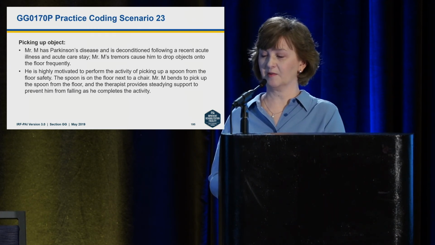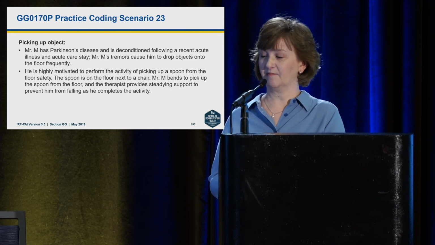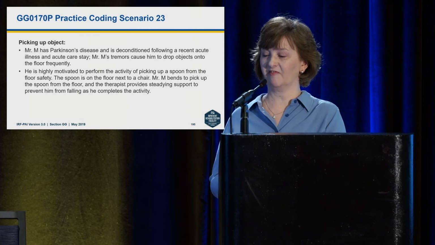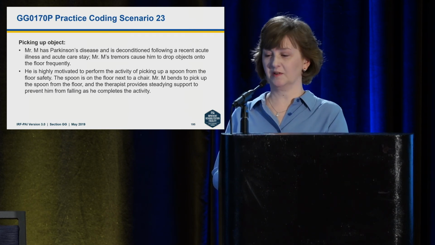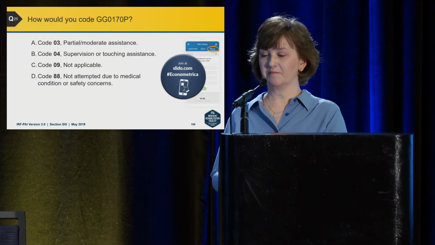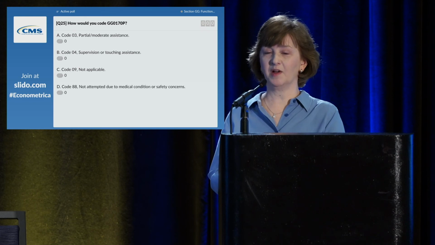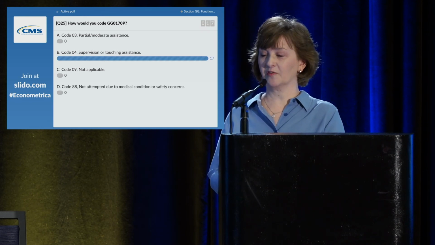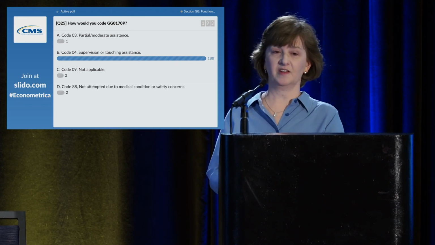Mr. M bends to pick up the spoon from the floor, and the therapist provides steadying support to prevent him from falling as he completes the activity. How would you code Mr. M? So the options on Slido that you should have are 03, partial moderate assistance, 04, supervision touching assistance, 09, not applicable, or 88, not attempted due to medical condition or safety concern.